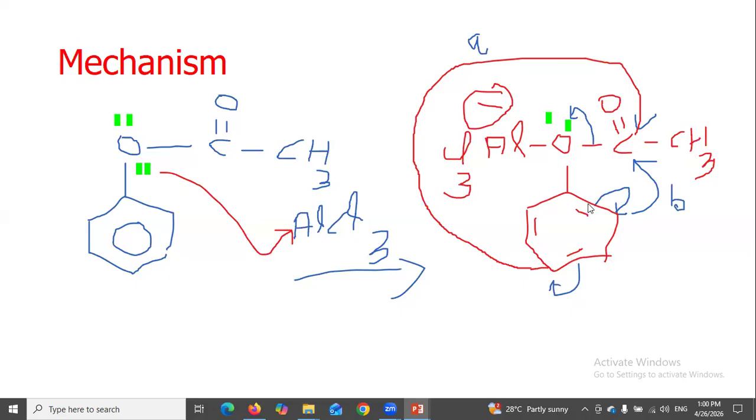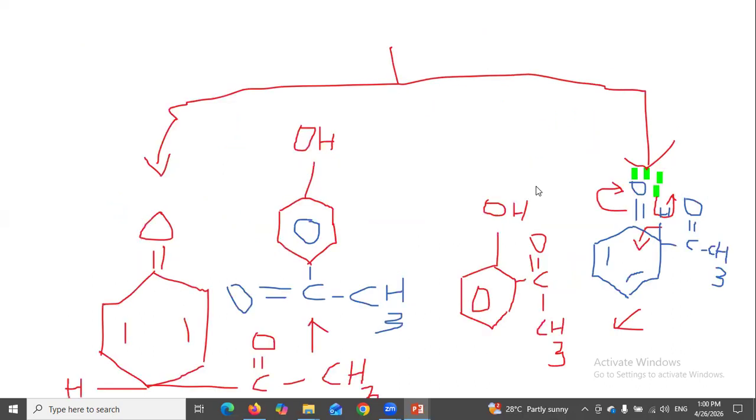One is at the ortho position of the double bond, and another is at the para position. So we get both the ortho and para products.